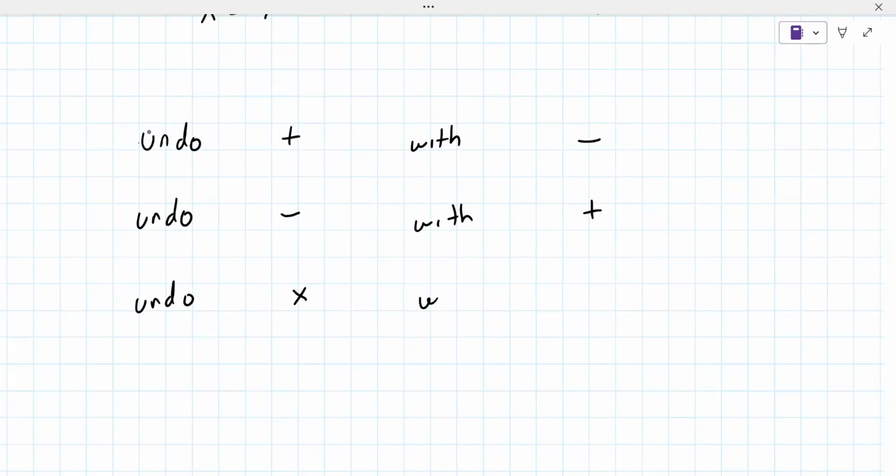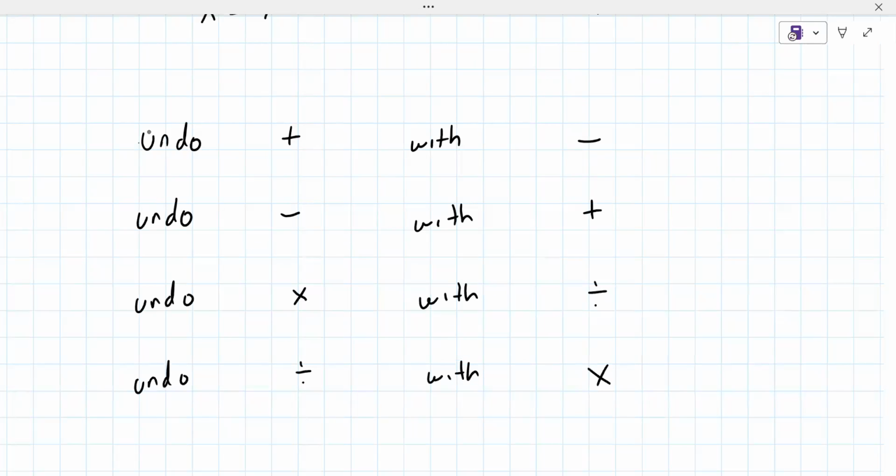Okay. So there's some simple things in math. You undo addition with subtraction. You undo subtraction with addition. You undo multiplication with division. You undo division with multiplication.